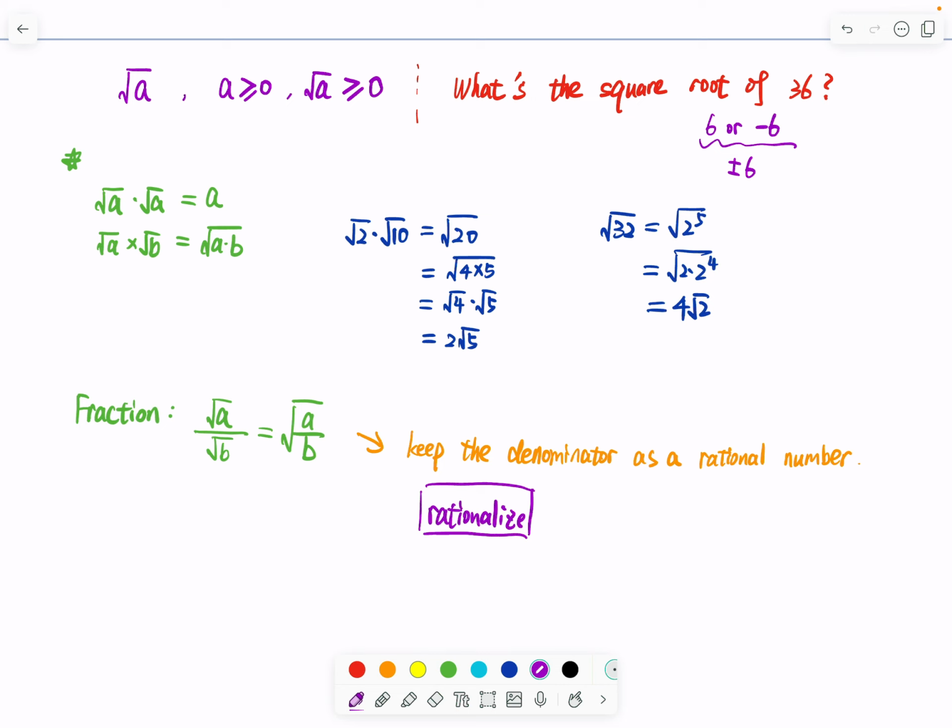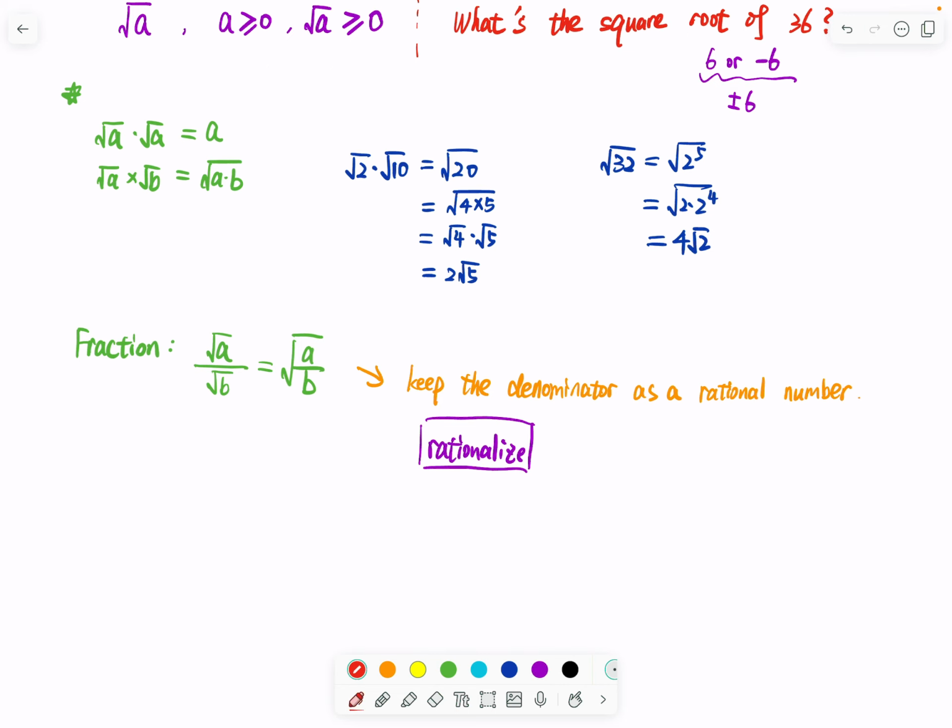For example, if I have root 7 over root 11, this is actually root of 7 over 11. But of course, the denominator is not a rational number. So what can I do? Remember, for a fraction, we can multiply the numerator and denominator by the same value, and the value of the fraction won't change.